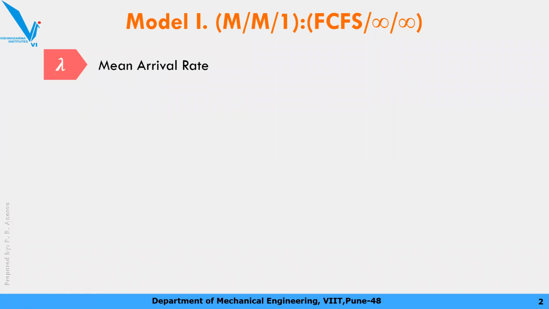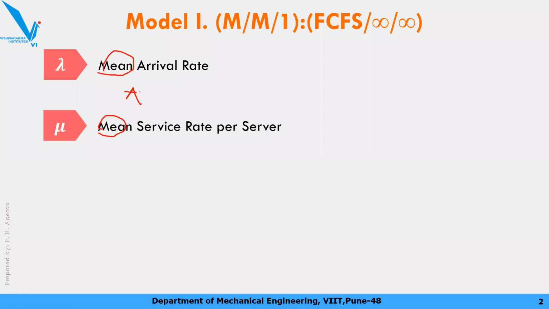Lambda stands for mean arrival rate. Then mu stands for mean service rate. Mean written here means the average or expected arrival rate or expected service rate, because we know that to form a queue, the customers can come at any time.